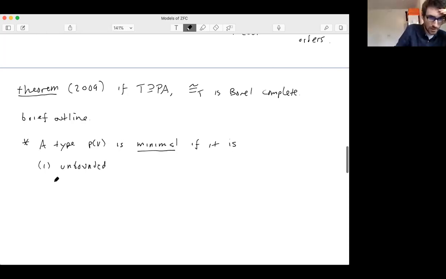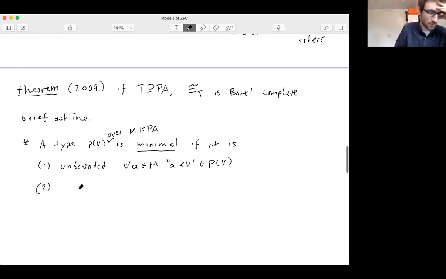So unbounded, that means for all, I guess a type p over a model M, it's unbounded if for all a less than v is in p.